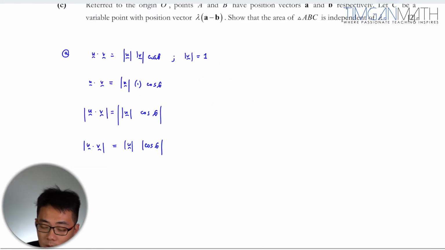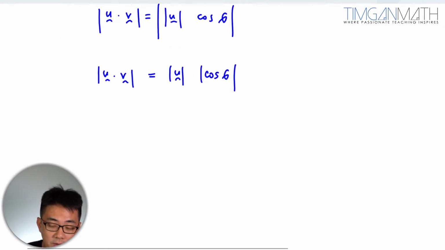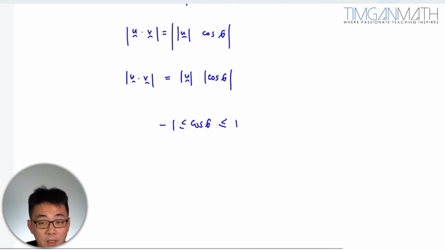We also know a very interesting fact about cosine theta. Cosine theta is between 1 and -1, because we need an inequality sign, so this is where we need this part here.